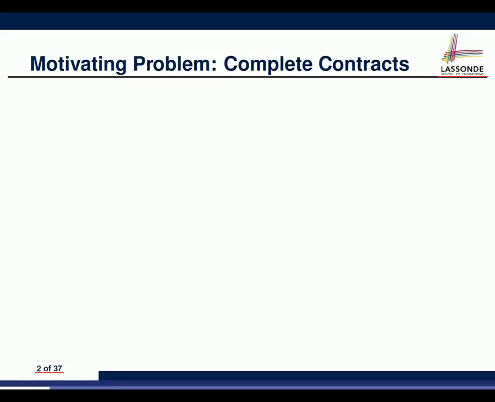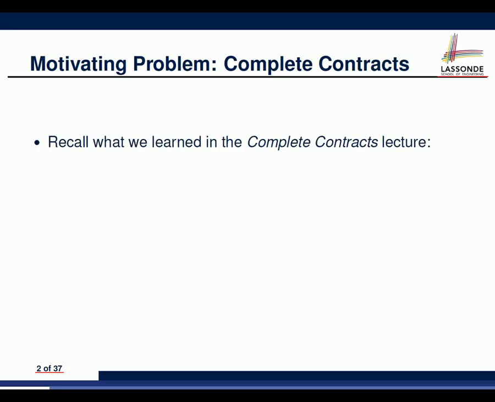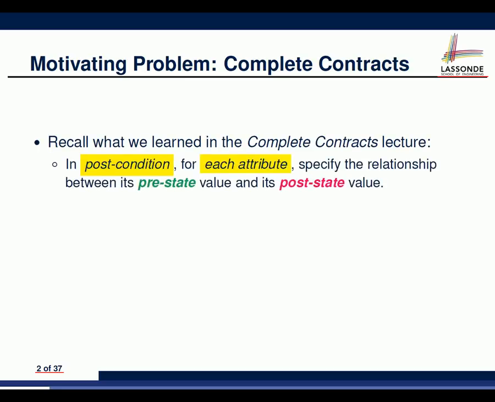So now, why are we doing complete contracts? As we talked about when we used across and also deep twin, the O keyword, we talked about how you can write complete contracts, especially postconditions. Let's review very quickly, in just one slide, what we covered previously. For complete contracts, especially for postconditions, you want to make sure you address for every attribute how it has changed or unchanged after executing the body of the feature.